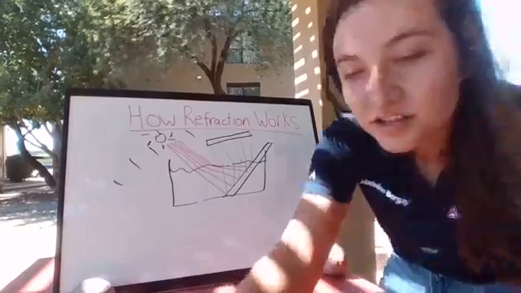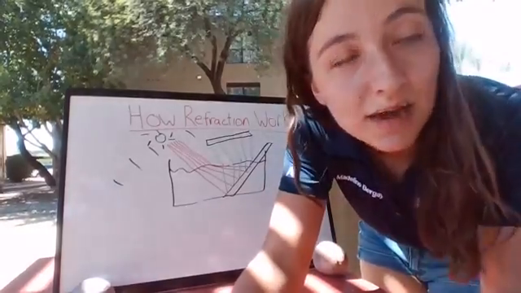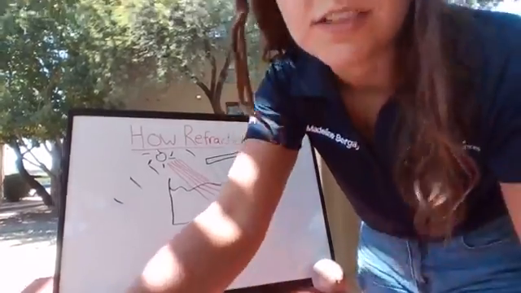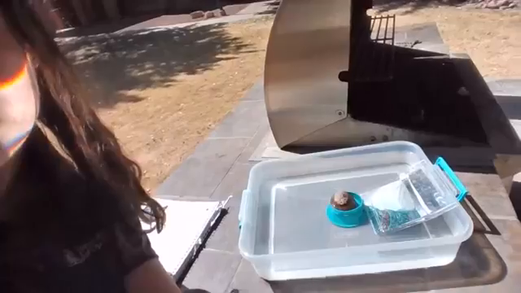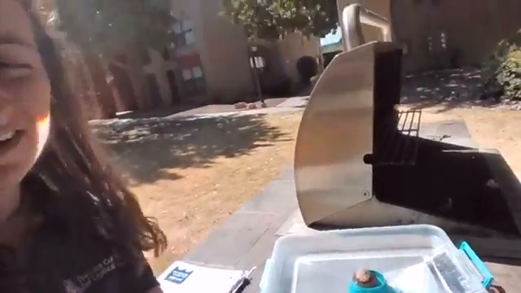And just for fun, because I'm not sure how well that demo showed, I'm going to try to do it one more time. Okay. So you can see the mirror is tilted in the bucket of water.